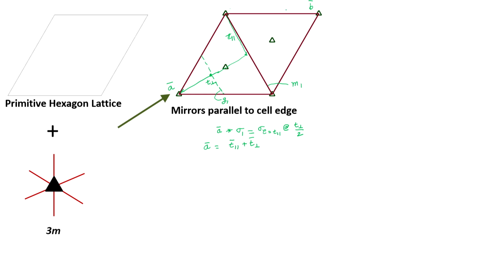Let us take this as the mirror, along one of the edges, so that my reflection operation is sigma 2, followed up with the lattice translation A. Again, I can divide the vector A into two components, T parallel, which in this case turns out to be the same as before, and a perpendicular component to mirror 2. No, in this case that will not work. This is the wrong thing I have taken, since I am dealing with mirror 2 and not mirror 1.